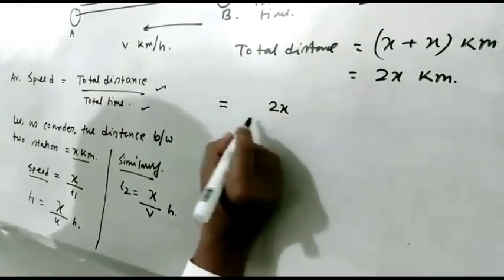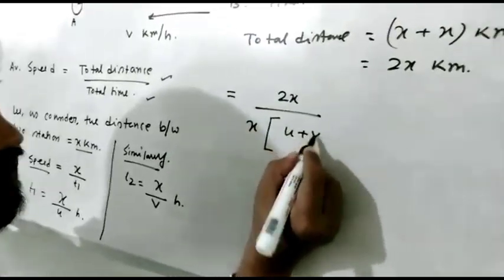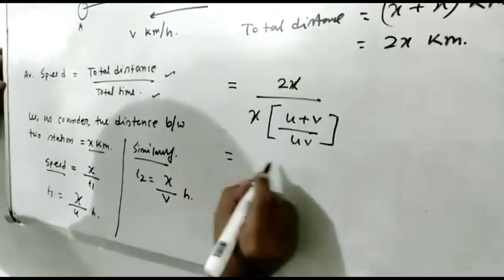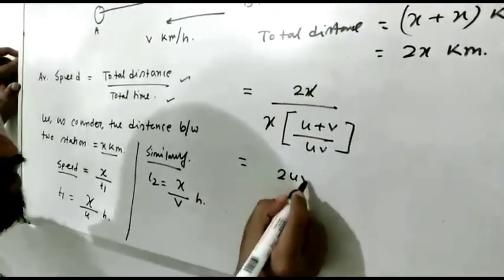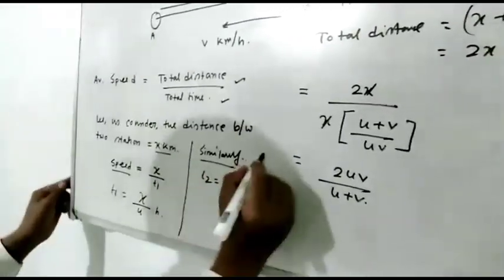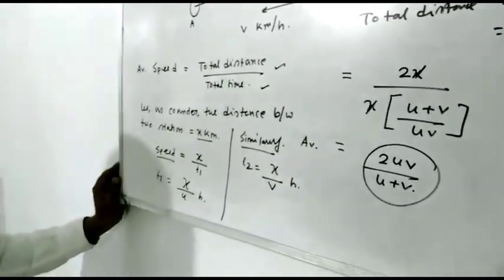Total distance equals 2x, and our total time equals x into u plus v by uv. X cancels out, so uv is raised upwards, so 2uv by u plus v. So average speed equals 2uv by u plus v.